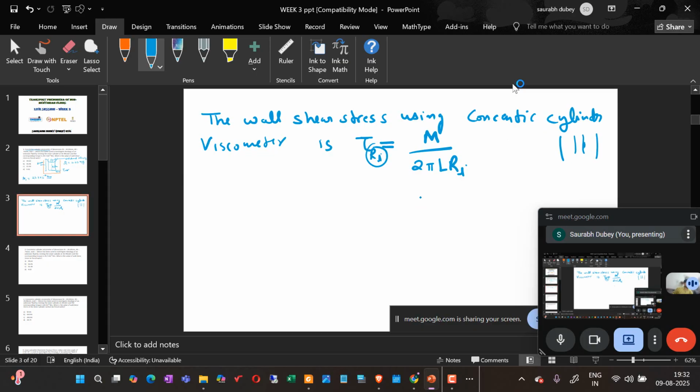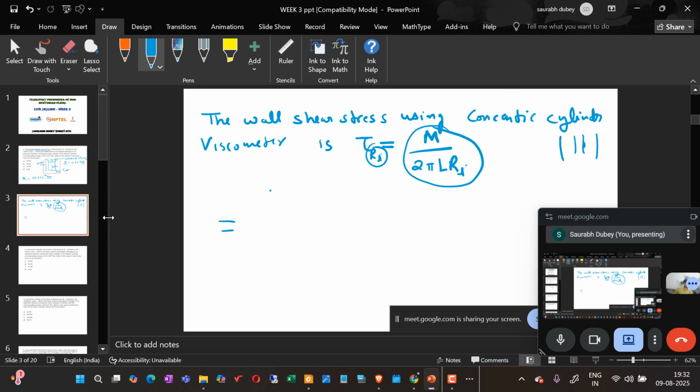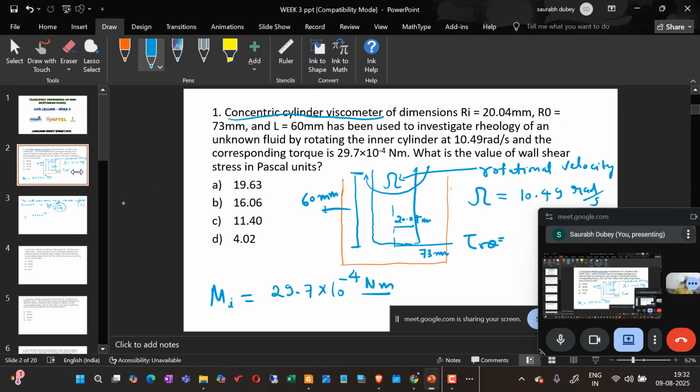And at this wall, if you calculate this particular value, all the values you are given. M is 29.7 into 10 to the power minus 4. What was the unit of this?